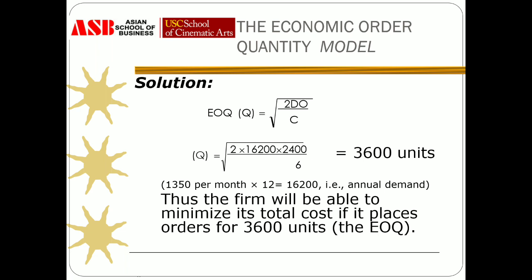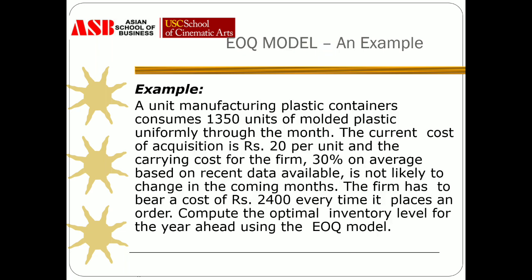Now, what is O? O is the ordering cost per order. It is given in the question that the company needs to bear a cost of 2400 rupees to place a fresh order. Next is C. What is C? It is the carrying cost per unit. How to calculate C? The price is given, that is 20 rupees per unit, and the carrying cost is 30%.